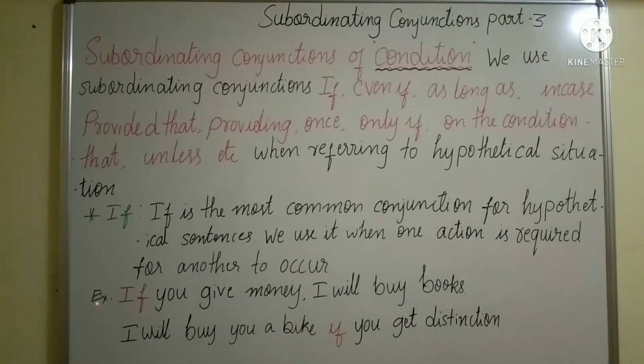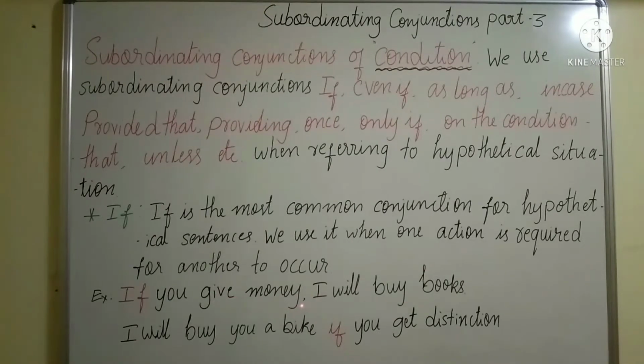Let's have a look at this example. If you give money, I will buy books. So it's very obvious, this sentence starts with a subordinating clause. I will buy books is an independent clause.